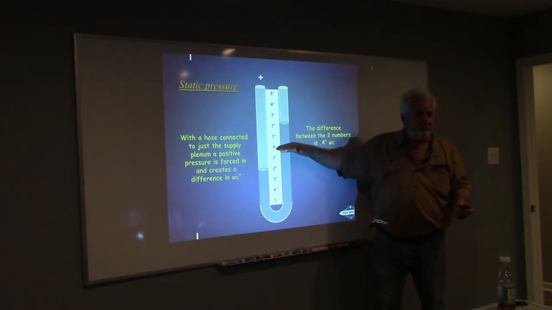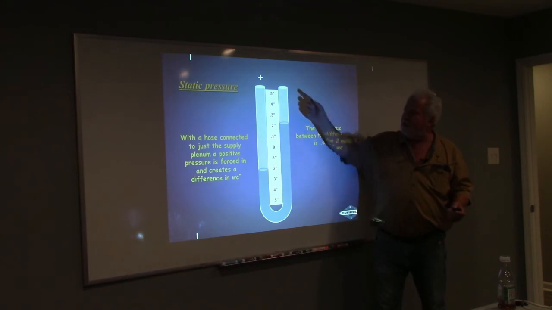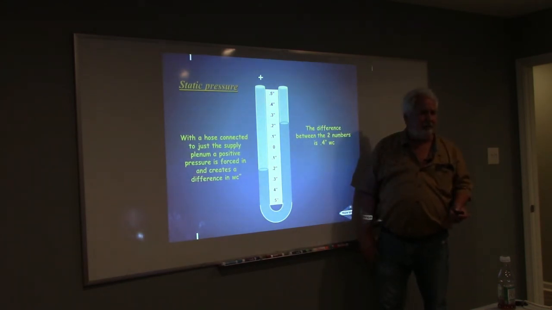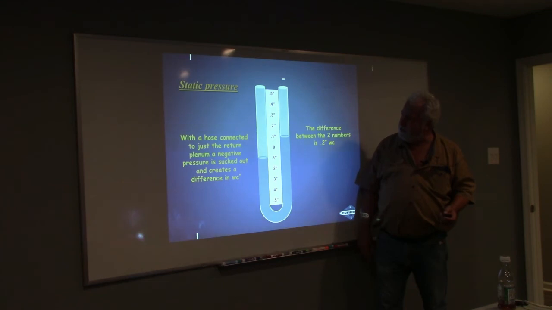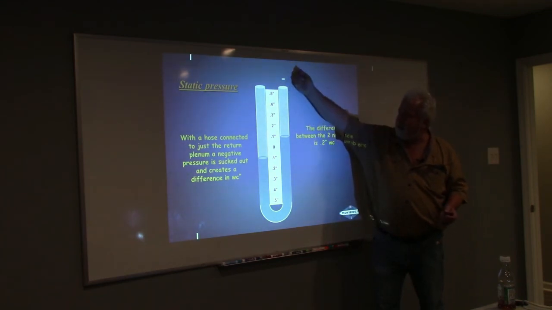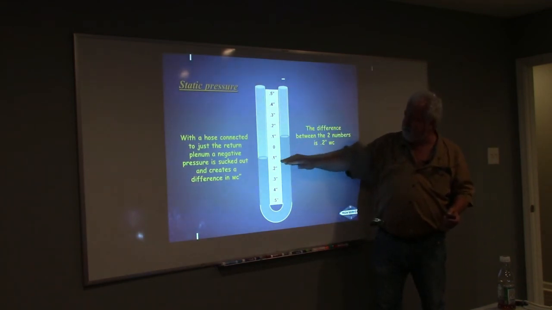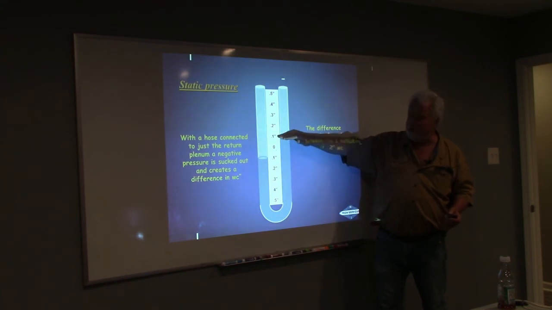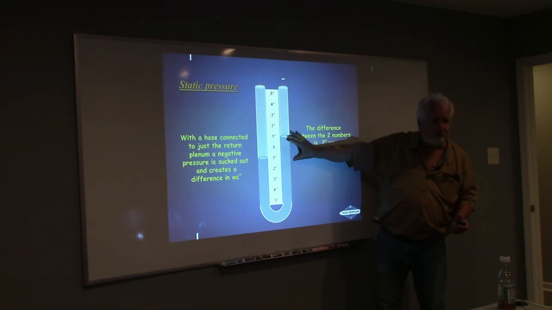Go right back to 0. What if I put one on here and stuck it into the return plenum? What is the return plenum going to be doing? Sucking. Good. So if I plugged it into the return side, it might pull it up 0.1, 0.2 inches of water column. I've got 0.2 inches of water column right there.